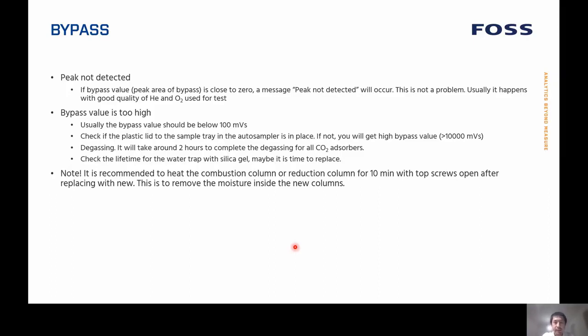The other thing is moisture from the combustion reactor or reduction reactor: a new one can give some high results. So it's recommended to heat the combustion reactor or reduction reactor for 10 minutes with the top end open. Then the moisture can be released from the column. Then you can solve the problem of moisture in the bypass causing a high bypass value.